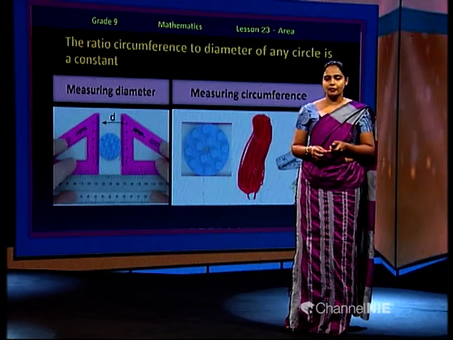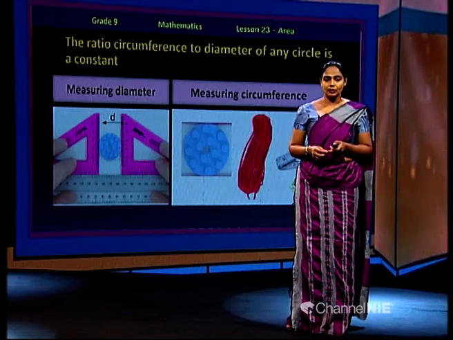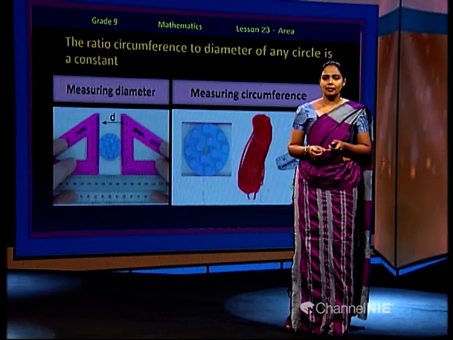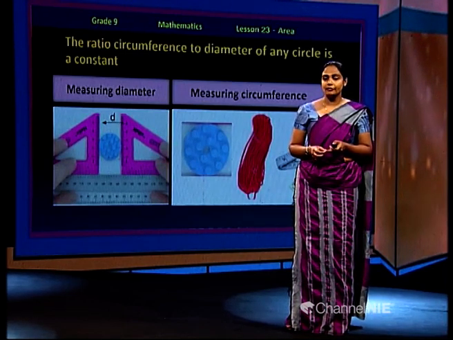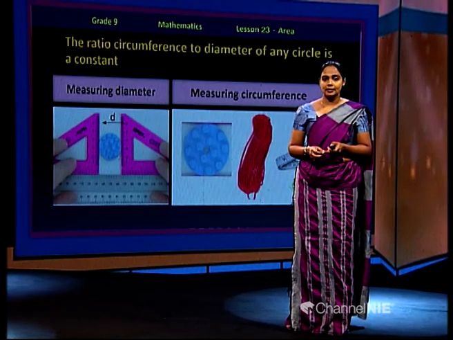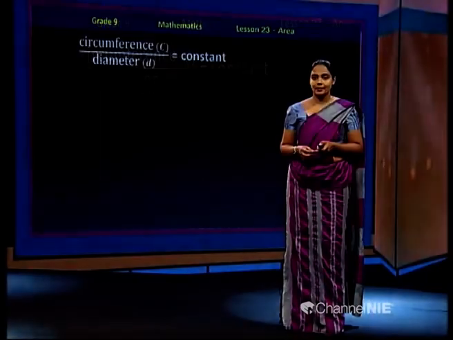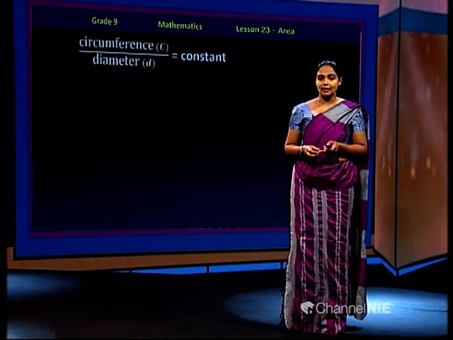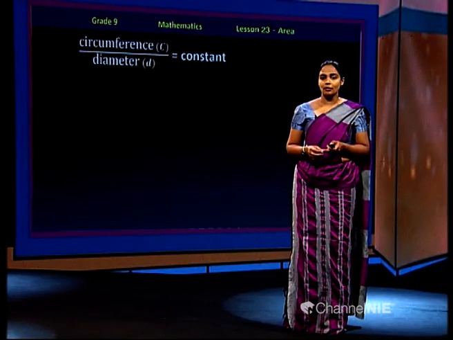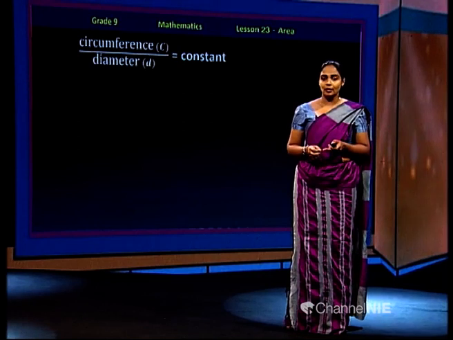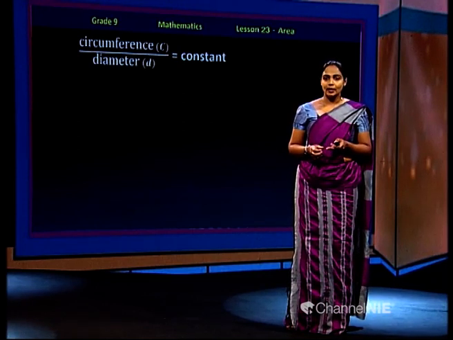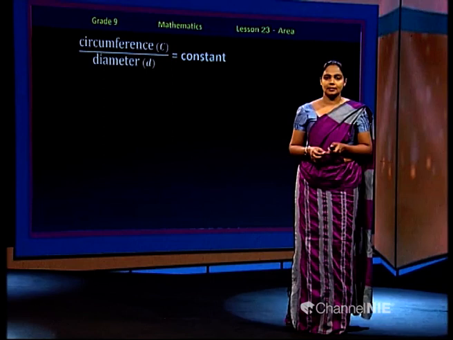Now we are going to find out the ratio of circumference to diameter. How we can write down a ratio as a fraction? Now look at this one. Circumference is divided by diameter. If you are doing the activity, if you are measuring the circumference and diameter of a solid circular object, then you can get constant.